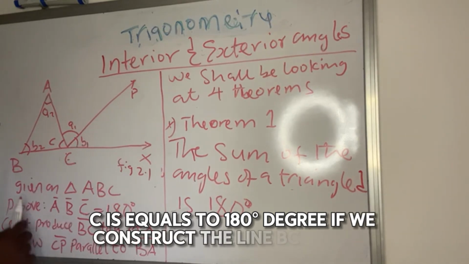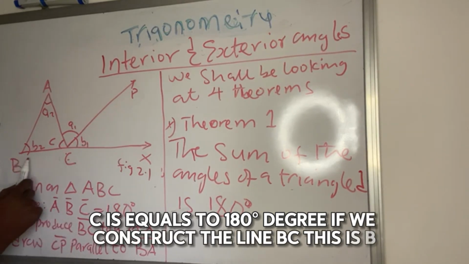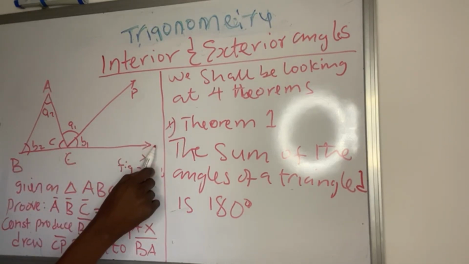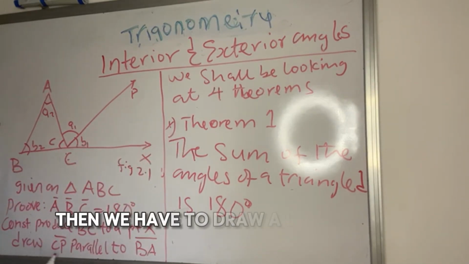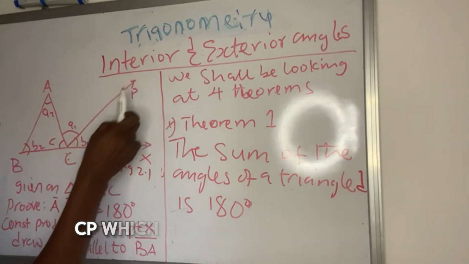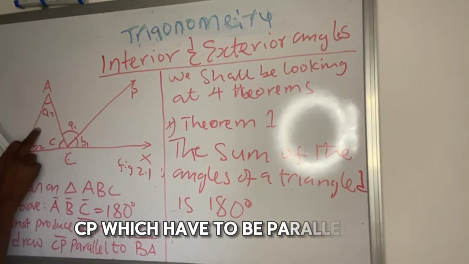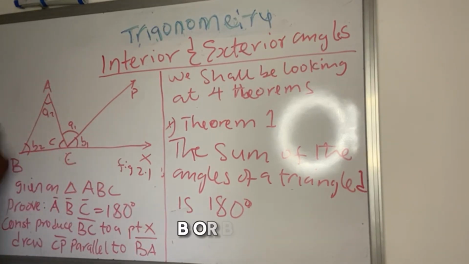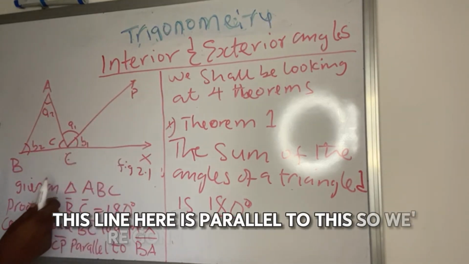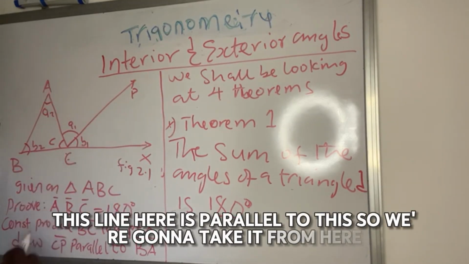If we construct the line BC, this is B, this is C, and produce it to a point X, then we have to draw a line CP, which has to be parallel to AB or BA. This line here is parallel to this. So we're going to take it from here.